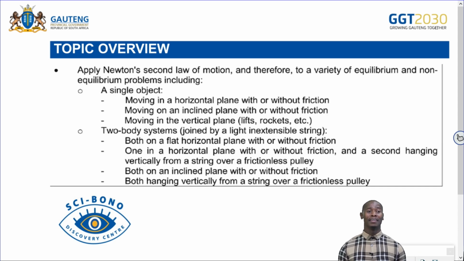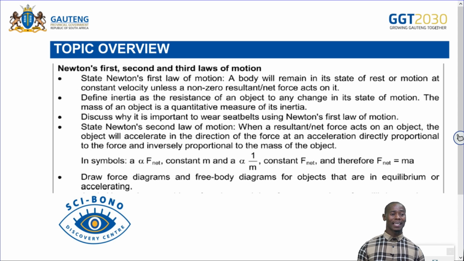All right. Then same with your Newton's second law. In most cases, this law is marked independently, but even if it's marked independently, please make sure that you state it correctly. It is stated as: when a resultant or net force acts on an object, the object will accelerate in the direction of the force at an acceleration that is directly proportional to the force and inversely proportional to the mass of the object.